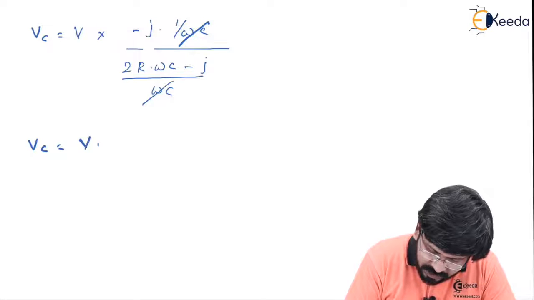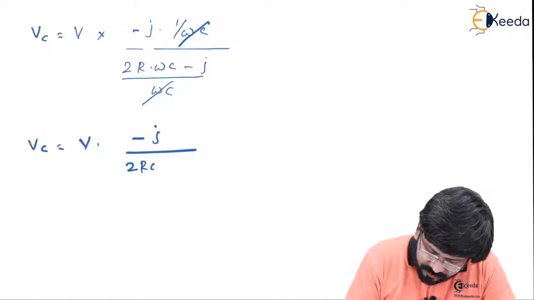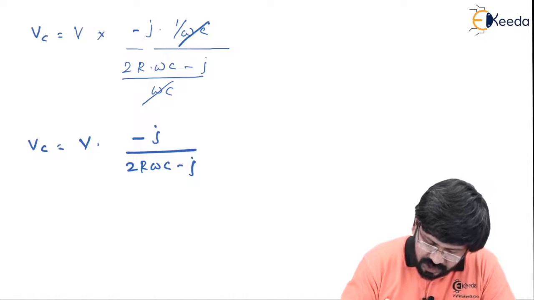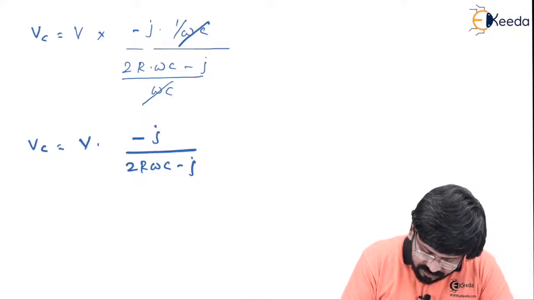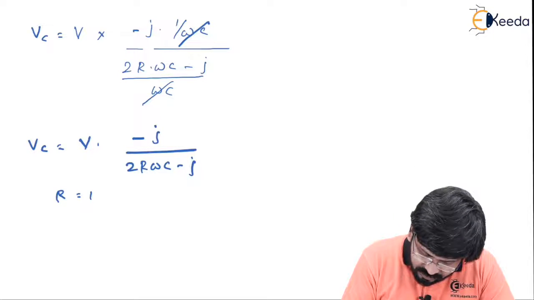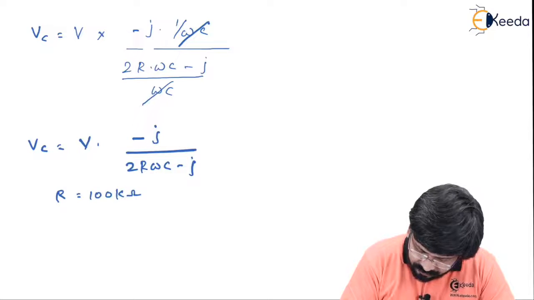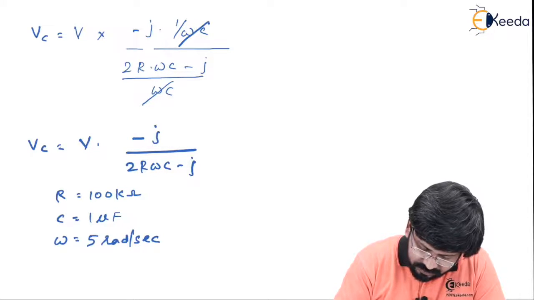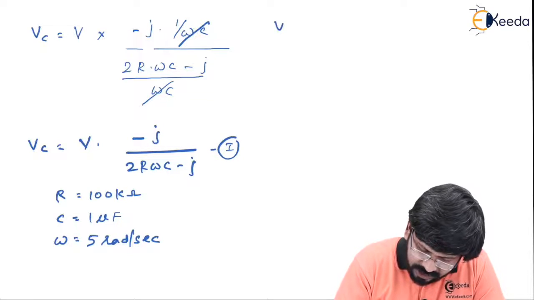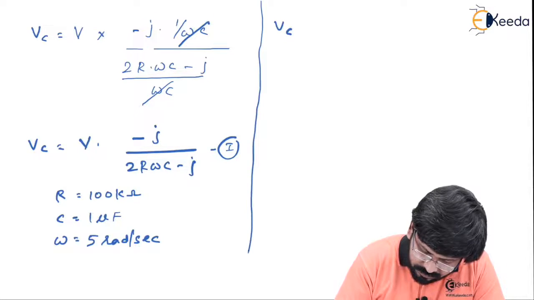Vc equal to V into minus j upon 2R omega C minus j. Now let's substitute all the values, where R is 100 kilo ohms and the capacitor is given, in equation 1.